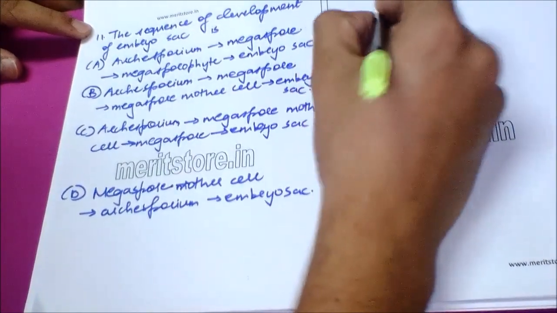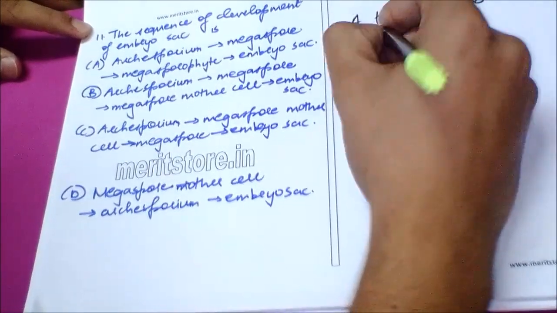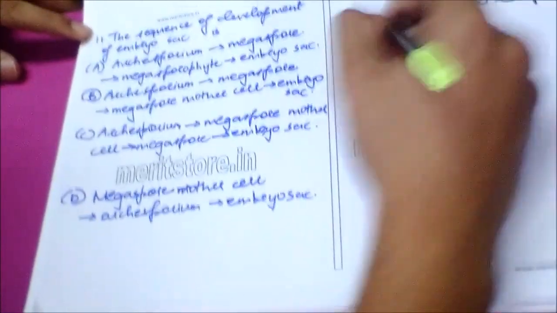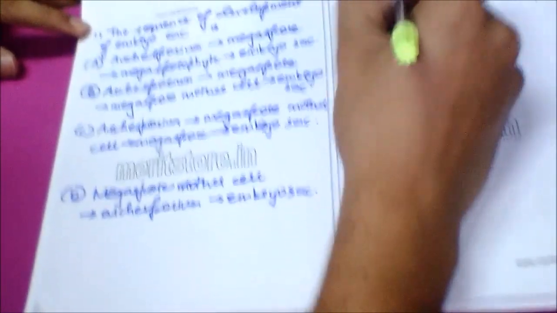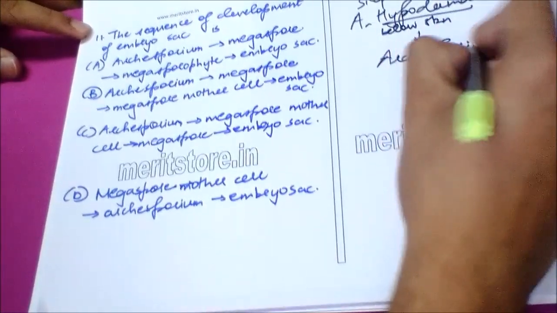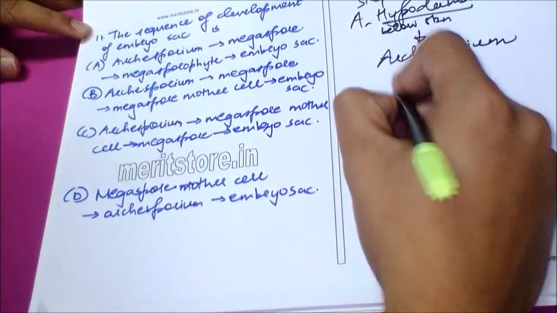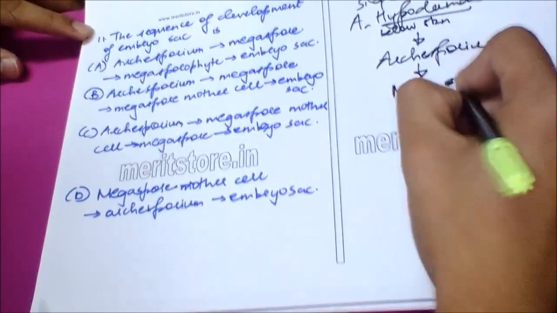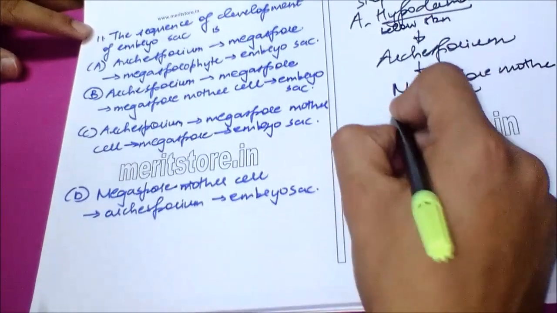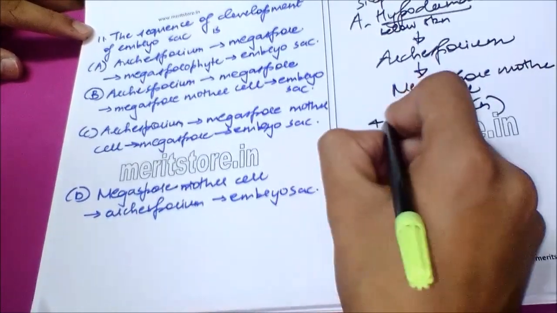Initially, a single hypodermal (below the skin) layer cell develops into an archesporium, either by detaching itself, which at a later stage becomes the megaspore mother cell, which gives rise to 4 haploid megaspores.